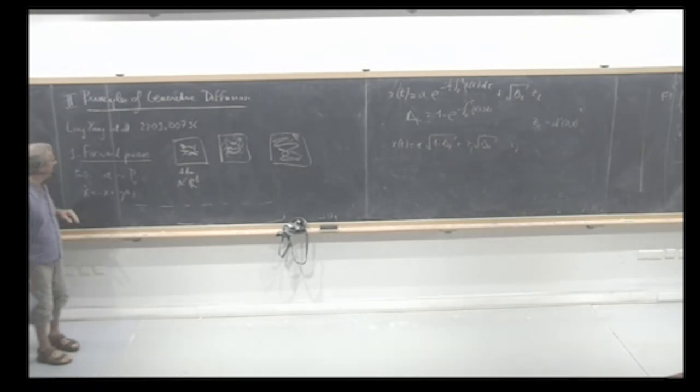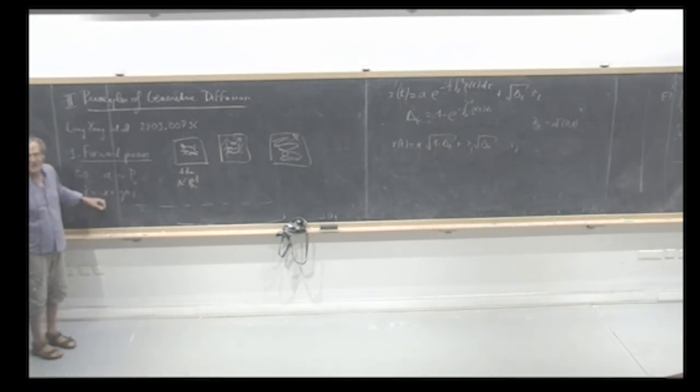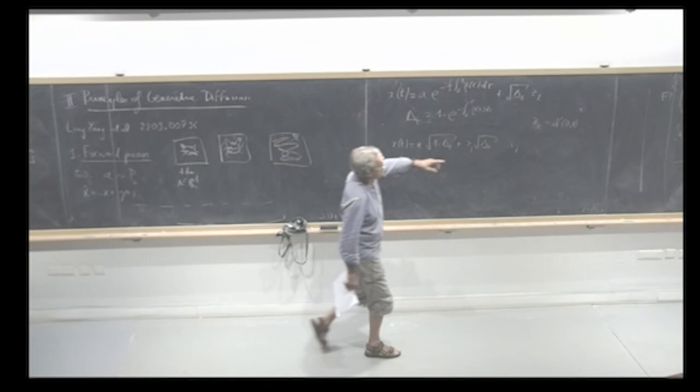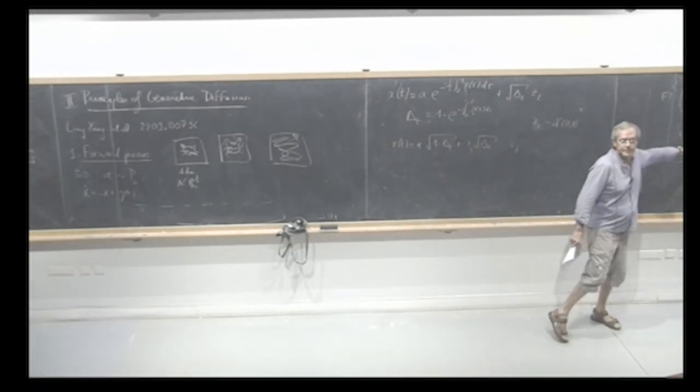I promised I will keep to the simplest case, so I will keep to the simplest case of the Ornstein-Uhlenbeck. One of the simplifications that occur in Ornstein-Uhlenbeck is that the force Fi of x is just minus xi. It does not depend on the other components because it's a Gaussian. It's a gradient of a Gaussian. And so the equations decouple. So basically you have a trajectory like this for each pixel.